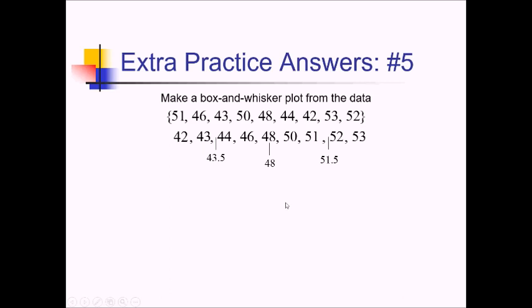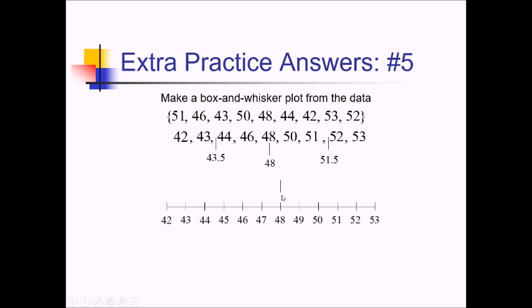To get my box and whisker plot, let me first make a number line that makes it easy to record all of the special spots. I think I'm going to make one going from 42 to 53 by ones. I ought to be able to get everything, including these weird 0.5 numbers. Now let me do my median first at 48. I'll just draw a little vertical line there.